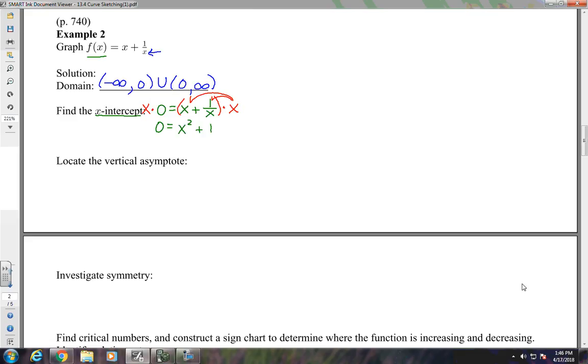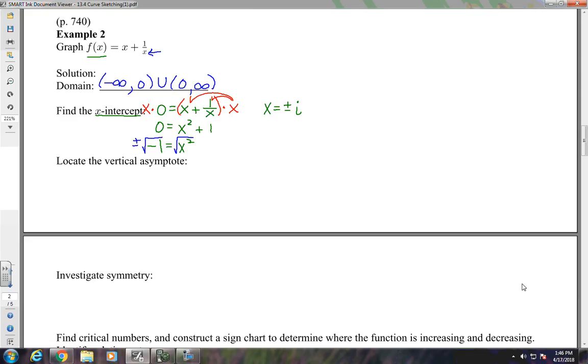Now notice, this is not factorable, so I'm not going to be able to get real roots. If you want to see this more specifically, think about what would happen if I subtract 1 from both sides, and then I try to take the square root of both sides. If I attempt to take the square root of both sides, considering positive and negative versions of the square root, I would end up with x equals plus or minus i. i is the symbol for the square root of negative 1.